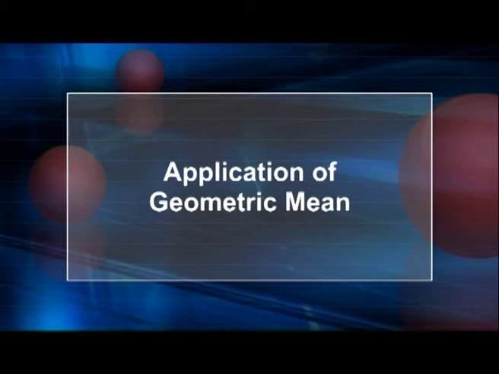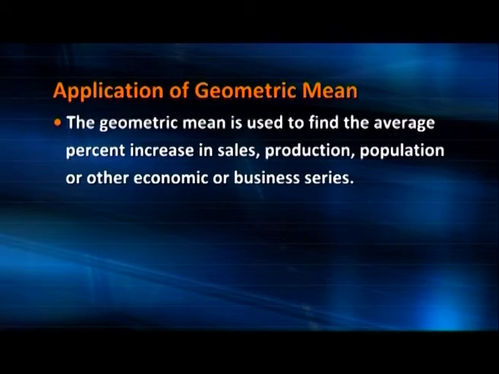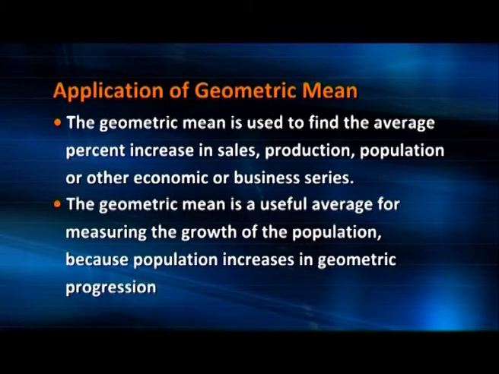We shall now look at the application of geometric mean. The geometric mean is used to find the average percentage increase in sales, production, population, or other economic or business series. The geometric mean is a useful average for measuring the growth of the population because population increases in geometric progression.